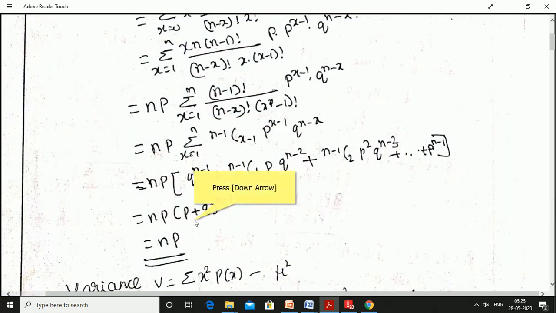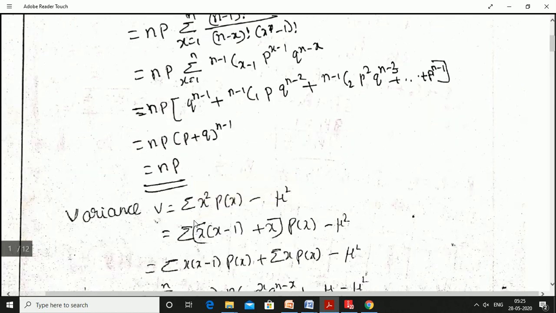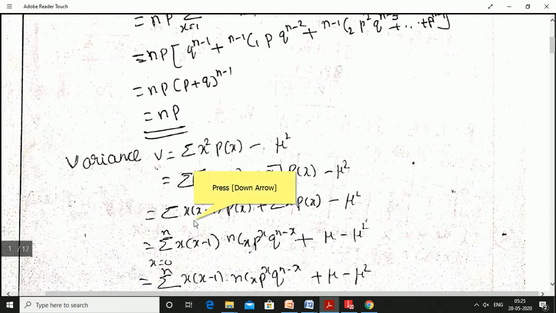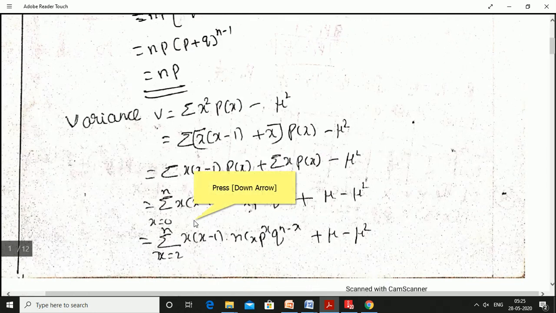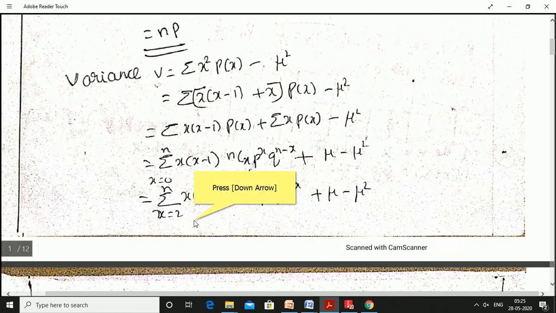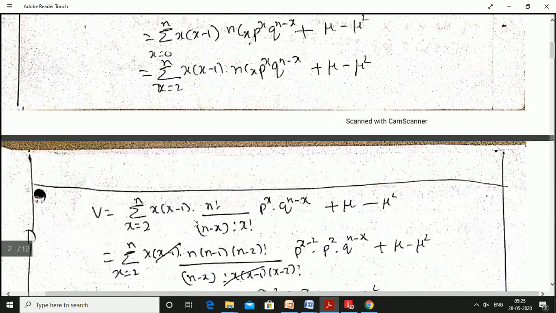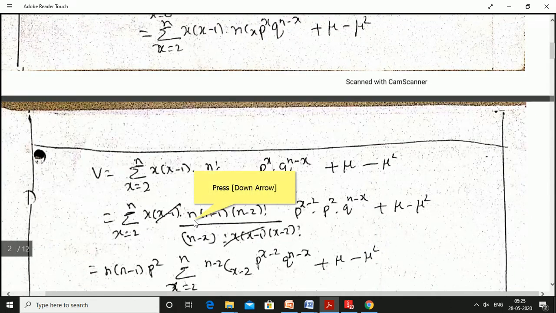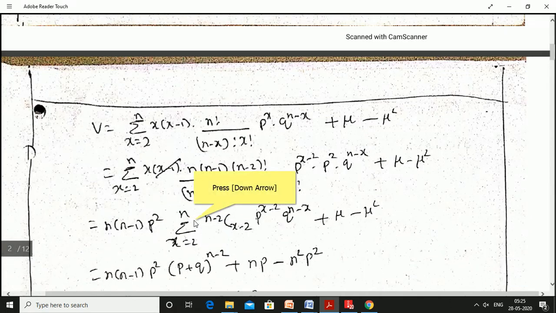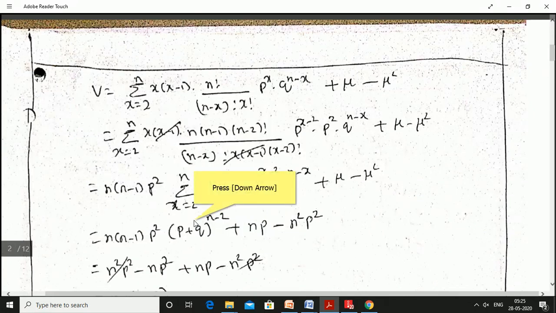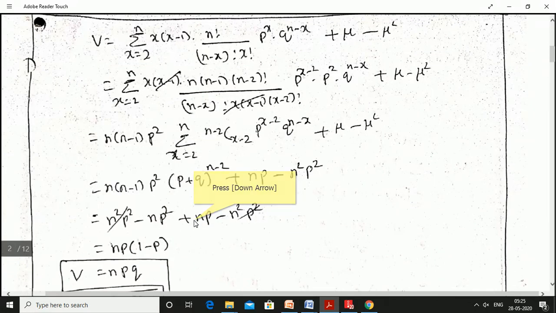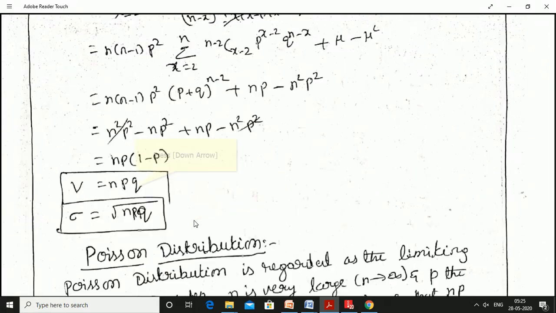Mean is equal to np, and the standard deviation is equal to the square root of npq, or else the variance is equal to npq. Just remember this, but there is no need to learn the derivation.